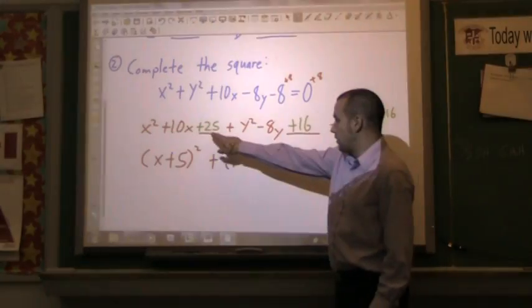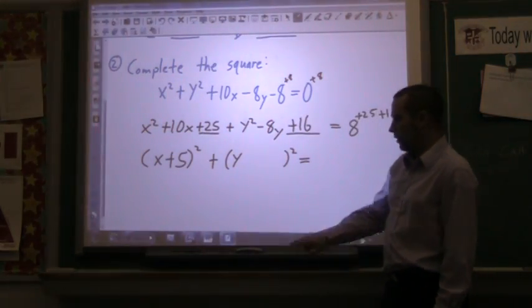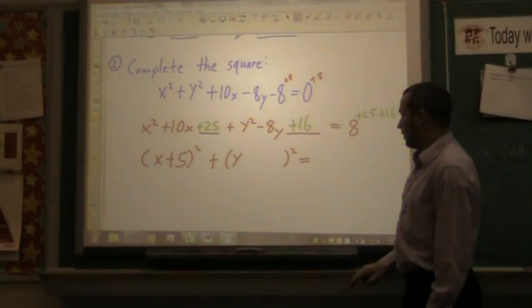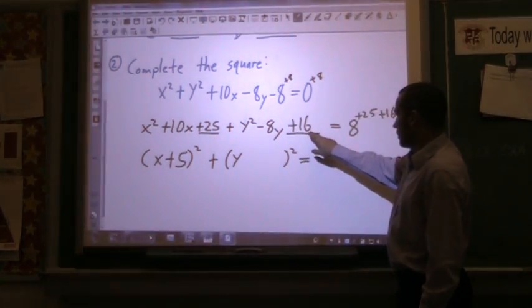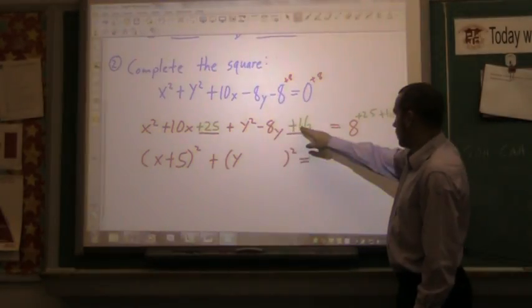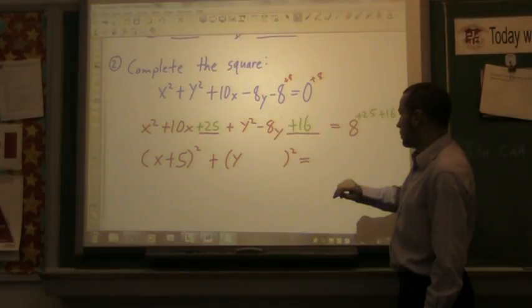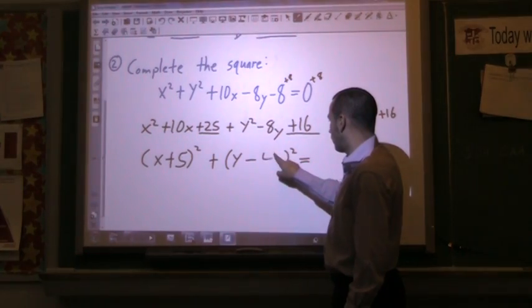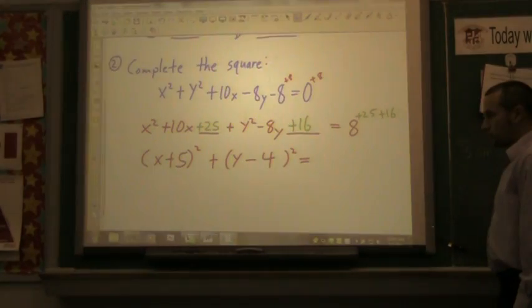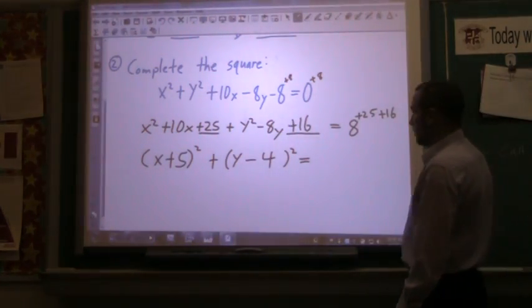And again, that's the reason we put the 25 in there, was so that we can factor this. Next, we have a +16. Y squared minus 8y plus 16. So you think of two numbers that add -8 that multiply to a +16. Well, that's a -4 and a -4. So there we have that part.